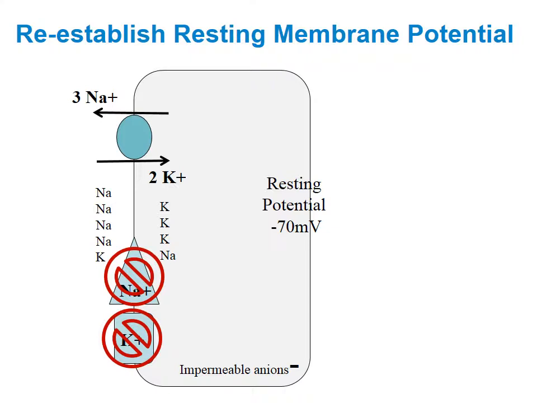Now we must return the gradient. Once the last potassium channel closes, the pump can force the ions back into position and re-establish the gradient. This pump never stopped working, but it could not keep up with the massive ion flow.